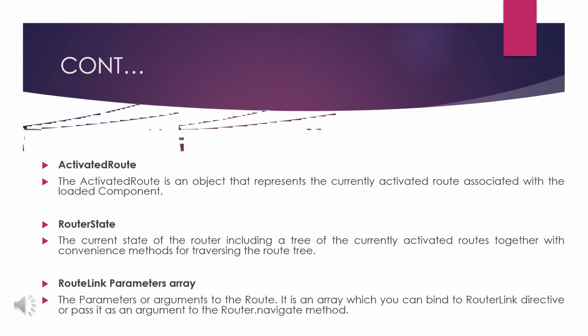We already saw ActivatedRoute: once it is loaded, the component is loaded and the objects present in the component will be in action at that time. Router state is the state of the router, and traversing the route trees will be handled by this. Router link parameters means, for example, we have given /:id, right? These parameters will be handled by the router link parameters array.